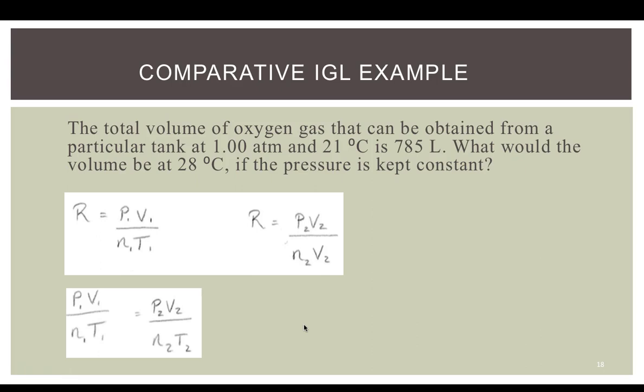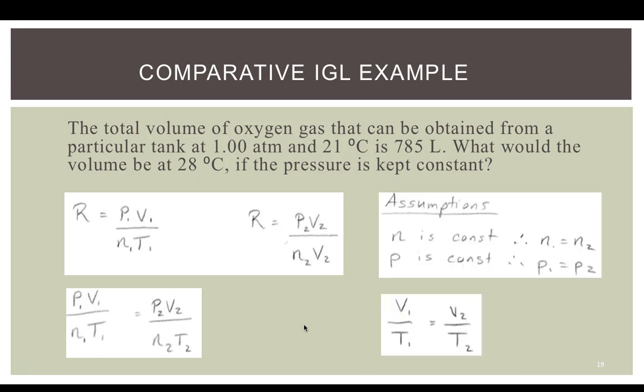P1 times V1 over N1 times T1 equals P2 times V2 divided by N2 times T2. And there are our assumptions: P1 equals P2, and N1 equals N2.